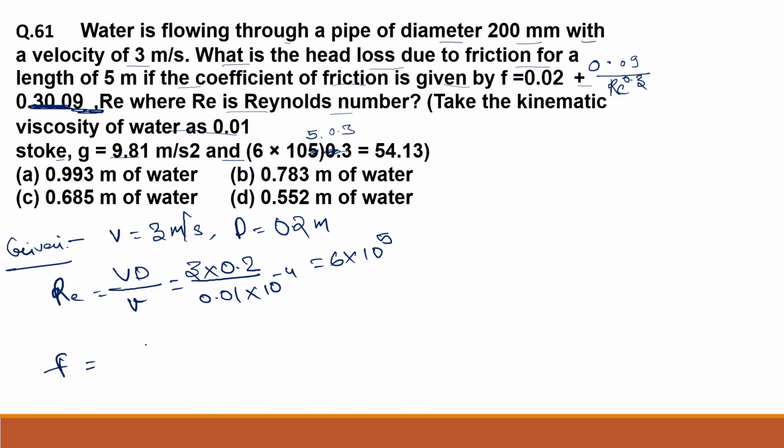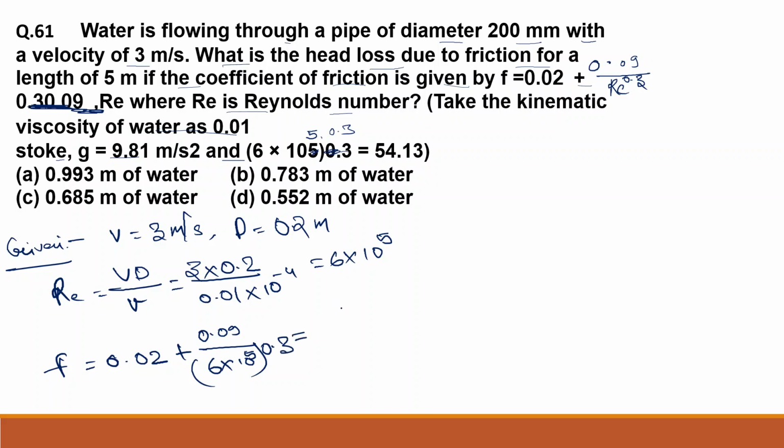F is equal to 0.02 plus 0.09 upon 6 into 10 to the power 5 into 0.3.